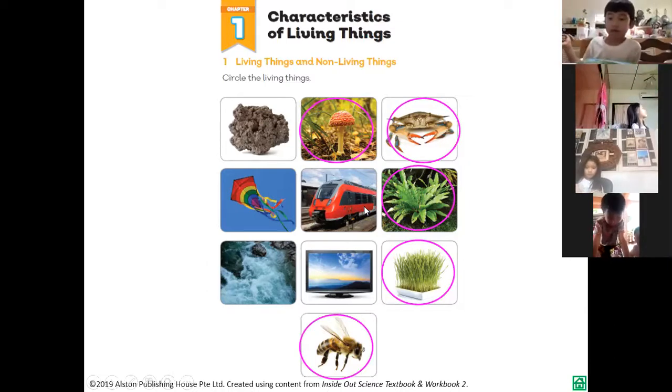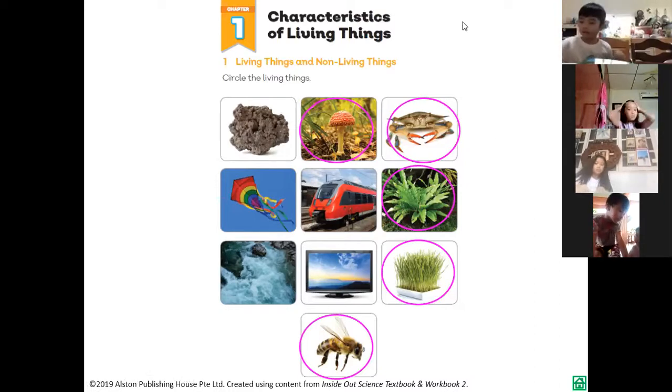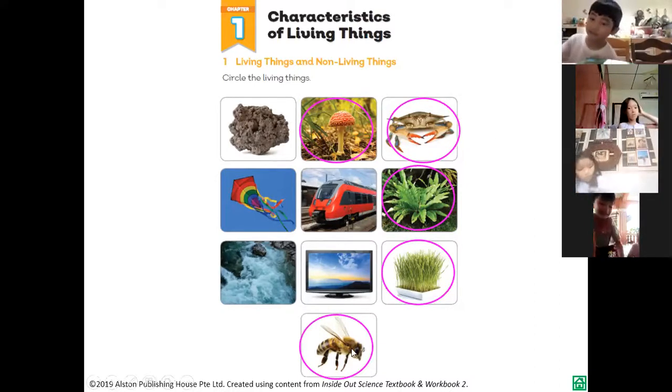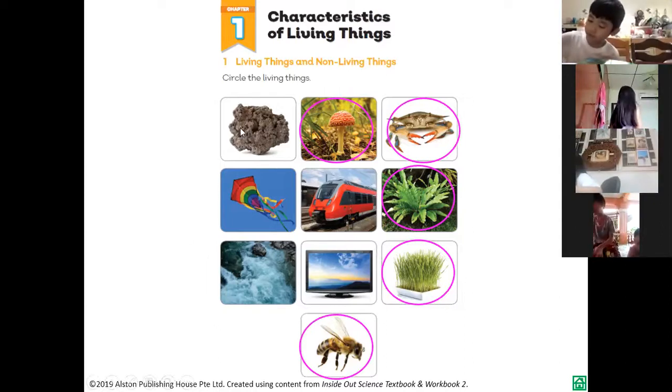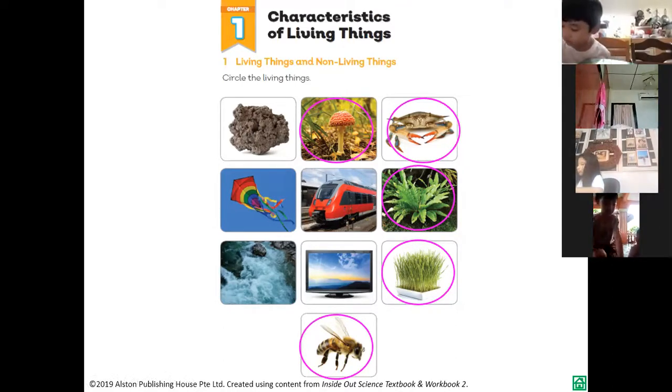How many living things are there? 1, 2, 3, 4, 5. So there are 5 living things. How many non-living things are there? 1, 2, 3, 4, 5. Can you tell me what are the non-living things?